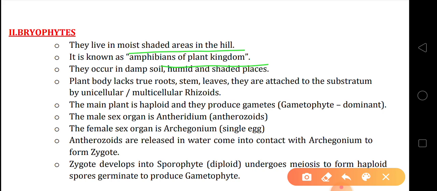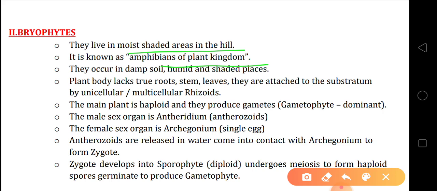Because amphibians can spend a part of their life in water as well as on soil. So the bryophytes grow in soil, but for sexual reproduction they completely depend on water.